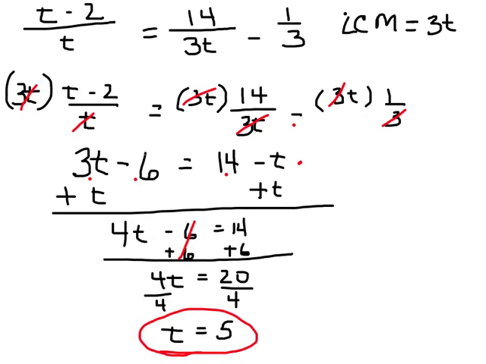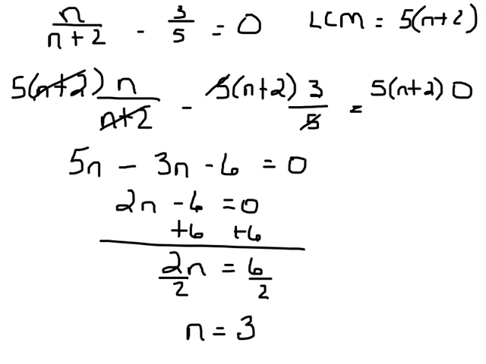Isn't that easy? Hardest part, I guess, would be in finding the least common multiple, making sure that's right, and then multiplying every single term by that and cross-canceling. Alright, in this case, our least common multiple is this and this. So we have to include both in the least common multiple, so we'll multiply every term by both of those. When we do, we see that this and this cancel each other out, leaving us with 5 times n, or 5n.